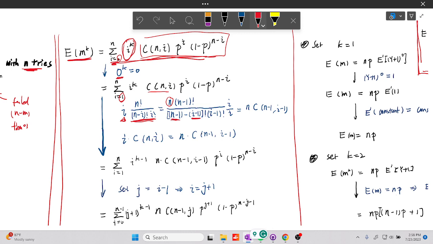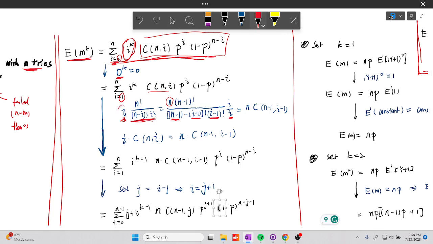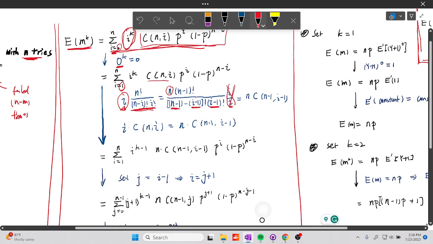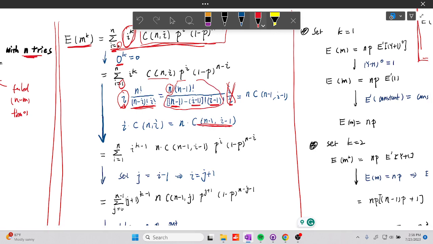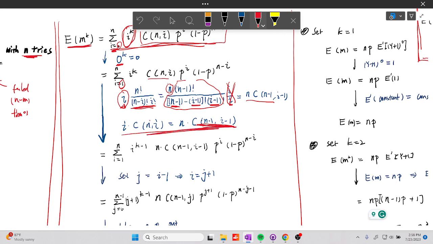The 1 cancels out, and there's an i in the front, so i over i cancels out. This whole thing is essentially C(n-1, i-1), and there's an n, so you have the equation i C(n,i) equals n C(n-1, i-1).